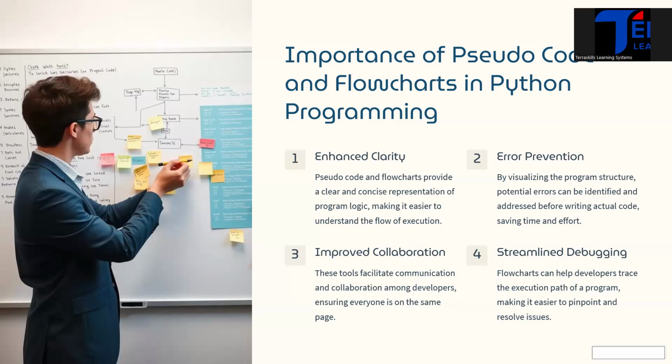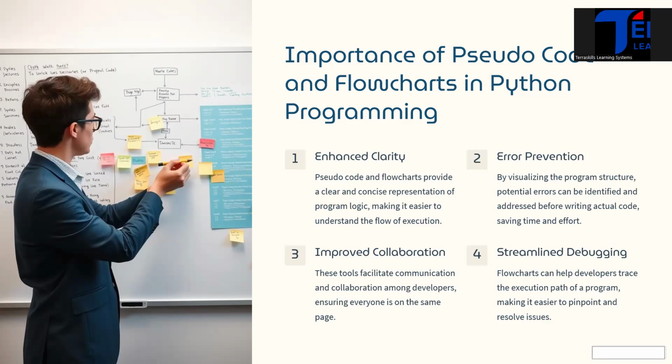When you are a developer, you need a concise representation of the program logic you want to create, and it makes it easier to understand the flow of execution for what you are writing. Clarity is very key because it directs your steps. So even when you are stuck and you want to go back, you know where to go back to because of what you have already done.